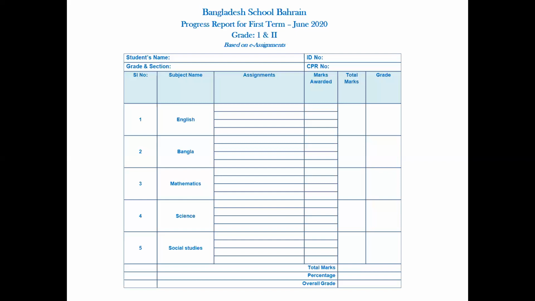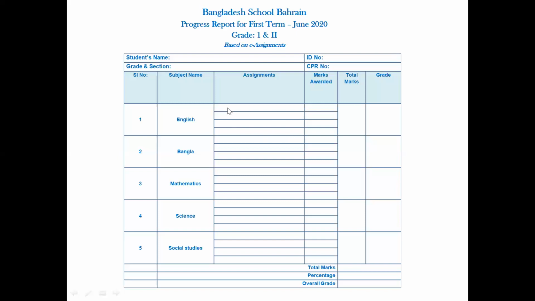So consider that you are selecting a few assignments, or if they are very small assignments, you can combine them and give it here, and the total marks awarded for each can be 25 and the total marks can be out of 100. So I want the class teacher to mention the assignment name here.